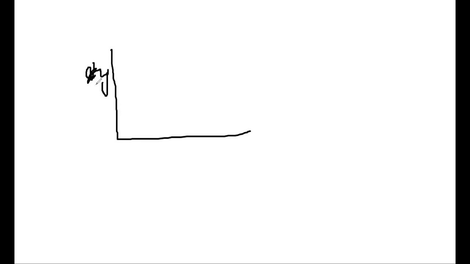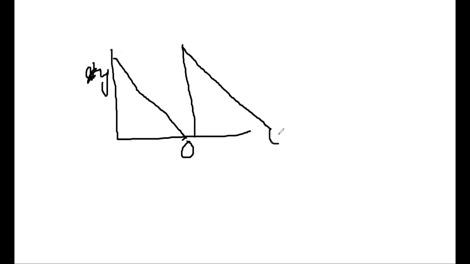For example, 50 units: I order 50 units, and until they reach the 0 point I go for manufacturing. Once it reaches 0, I order the same 50 units again. Again the 50 units are used up and it comes to 0, and again I order 50 units.